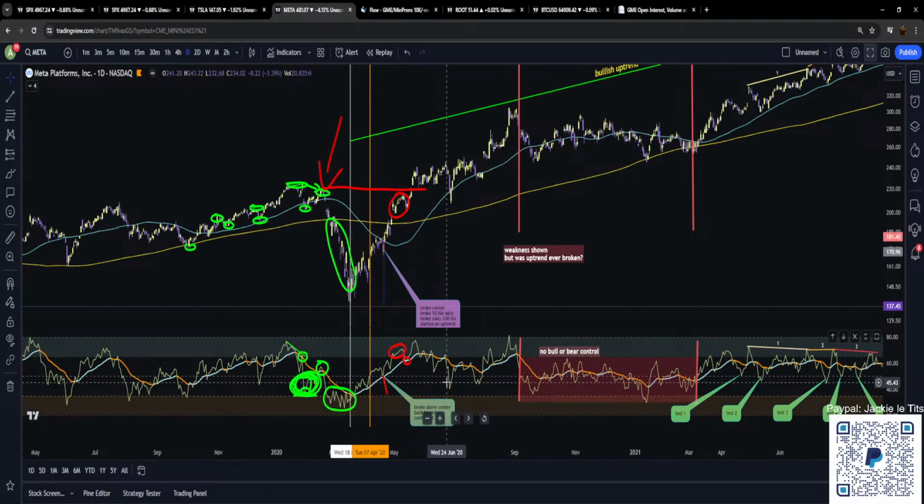Until the bears enter the bearish control zone, bulls are 100% in the driver's seat. They control price action. Every retracement is a buy the dip opportunity until suggested otherwise. And the suggested otherwise is only until you see the RSI spend extended time underneath the center line.